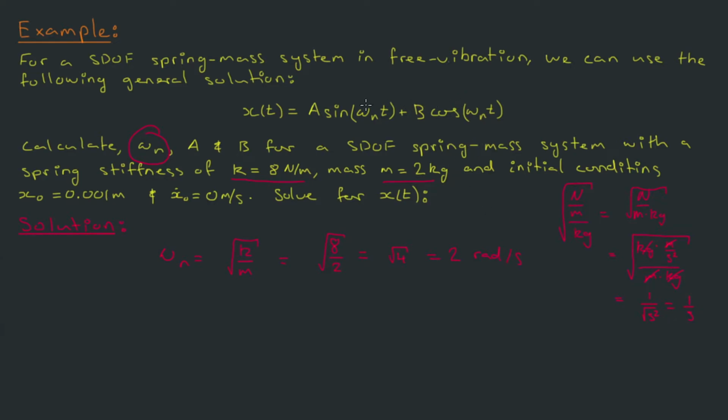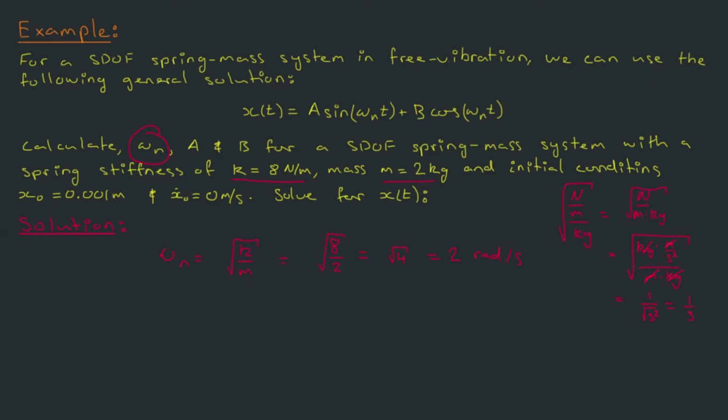Now, because we're using the format for the sine and cosine of omega n t rather than something like cosine of 2 pi f t, where the 2 pi would convert to radians if this was in hertz, but because we're not using that, we're using radians already. So this is radians.